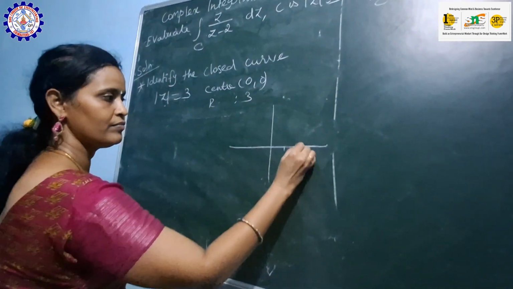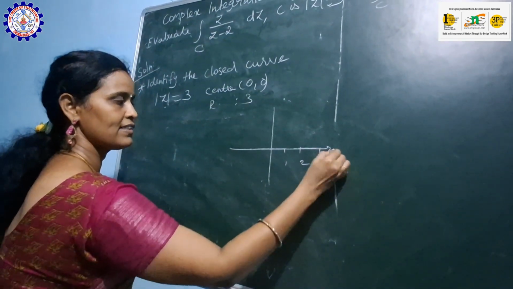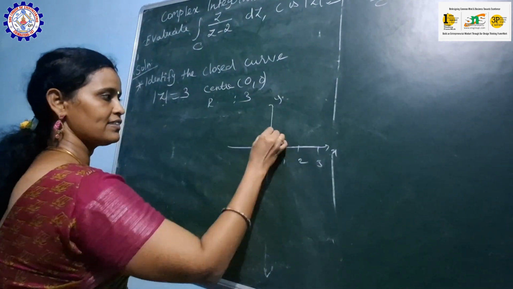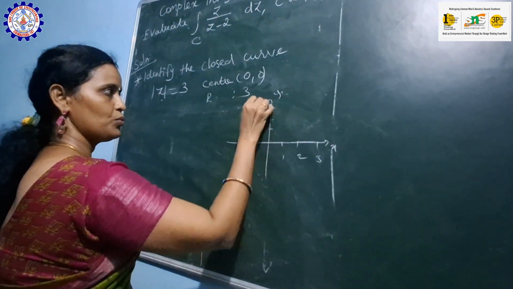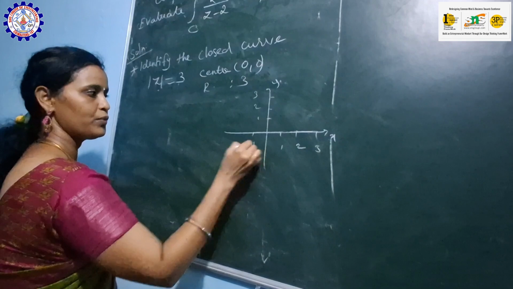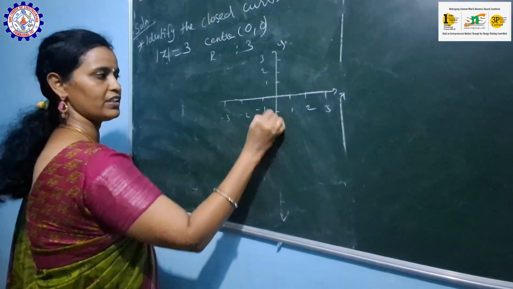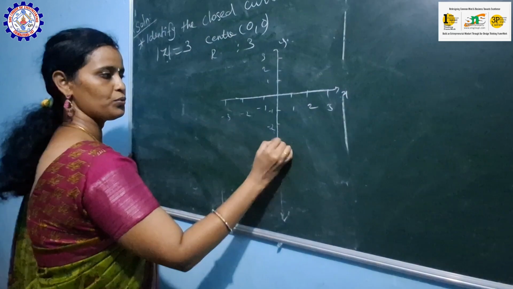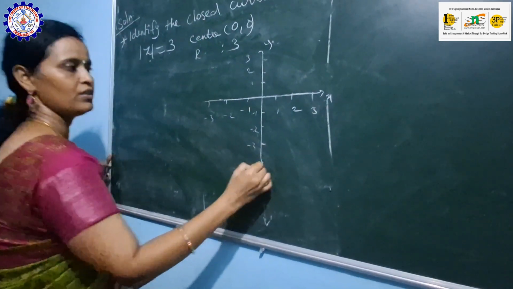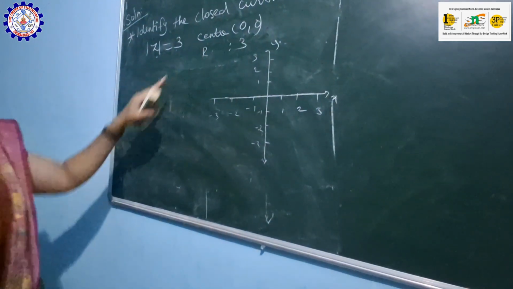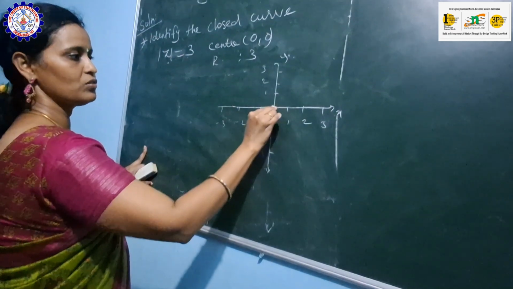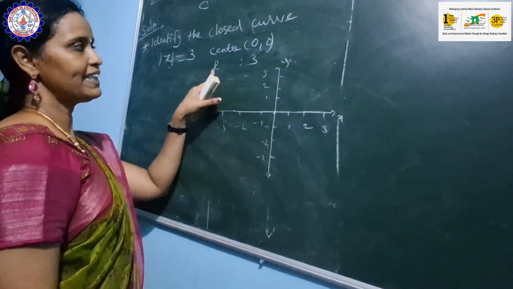Here the x-axis and y-axis: 1, 2, 3, and negative 1, negative 2, negative 3 on both axes. The center is (0, 0) and the radius is 3.